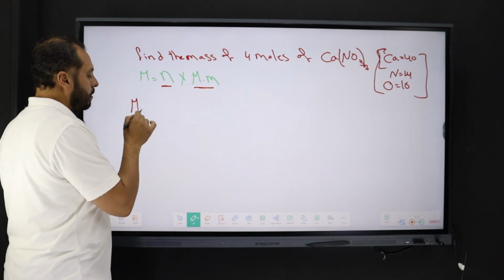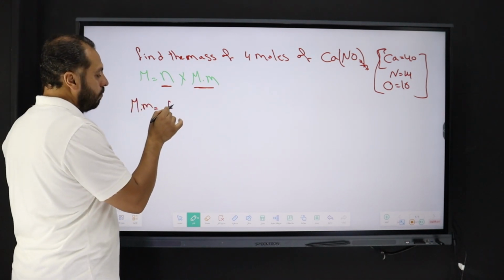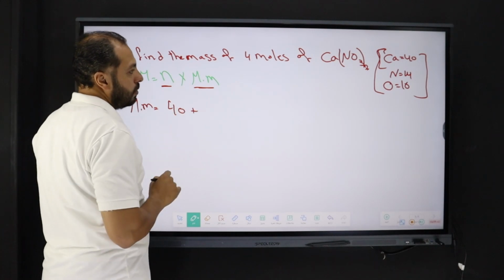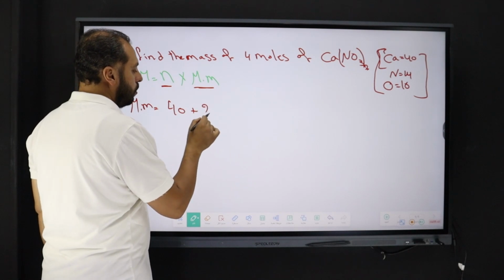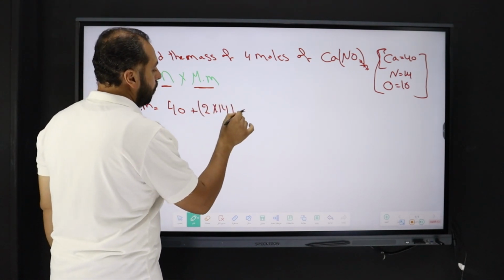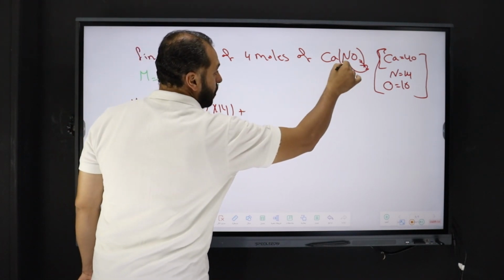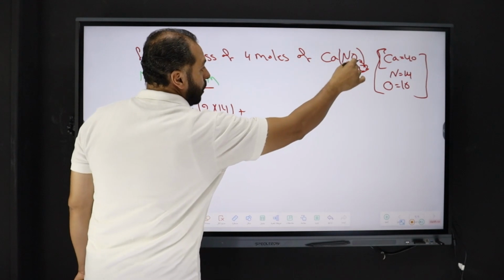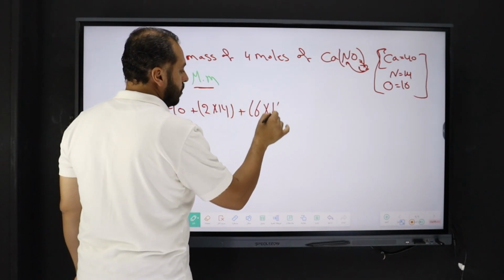So the molar mass of calcium nitrate equals Ca equals 40 plus how many nitrogen here? 2. So 2 times 14 plus how many oxygen here? 2 times 3 of oxygen equals 6. So 6 times 16.